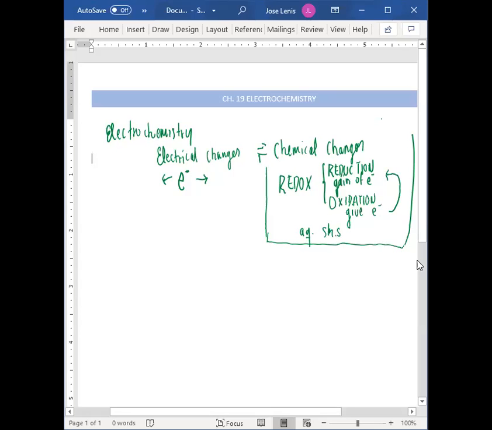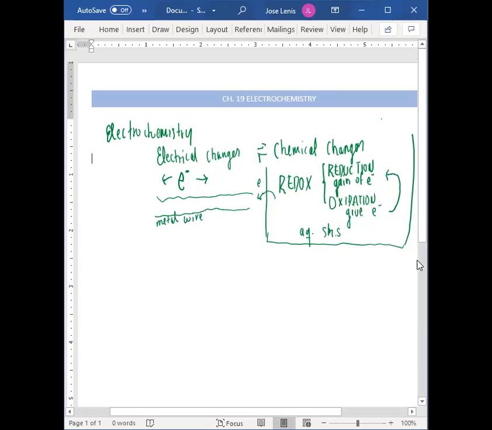And this process, somewhere here in the border of the system, is going to exchange electrons. And those electrons will be able to flow through an electrical wire. Metal wire.